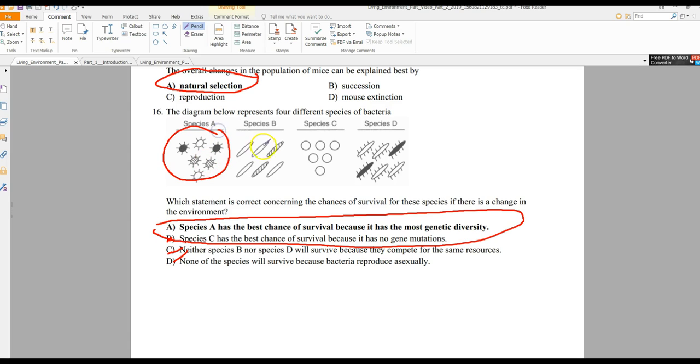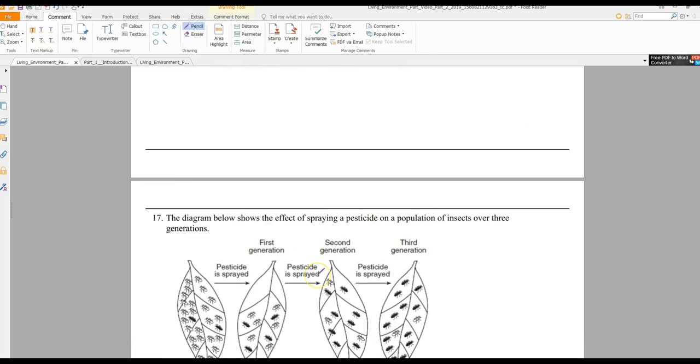This has more diversity, while these are all the same, so they're going to die out. This is going to die out fast. They only have two mutated and two mutated. So these have the most differences. This one's more diverse. Species A has a better chance of survival.